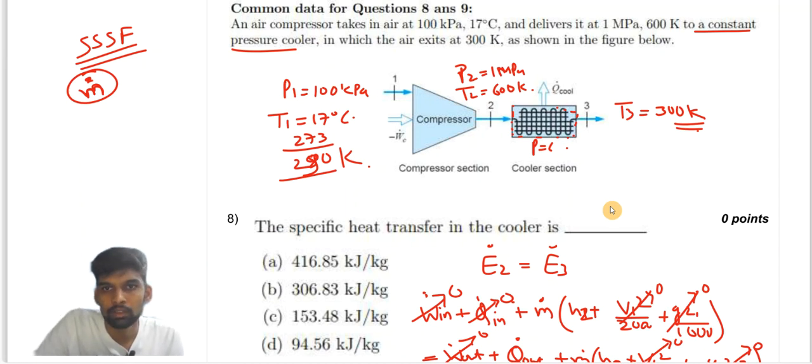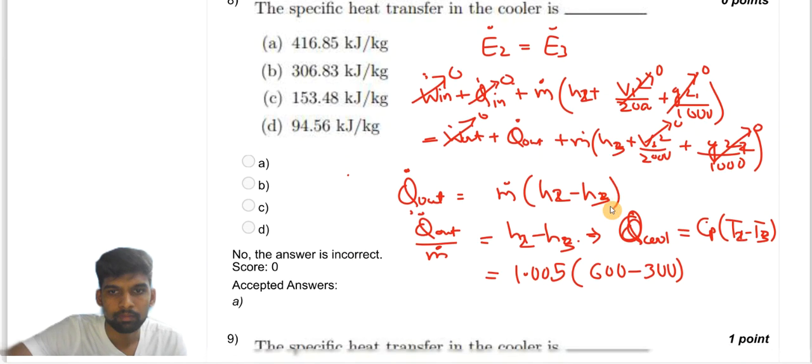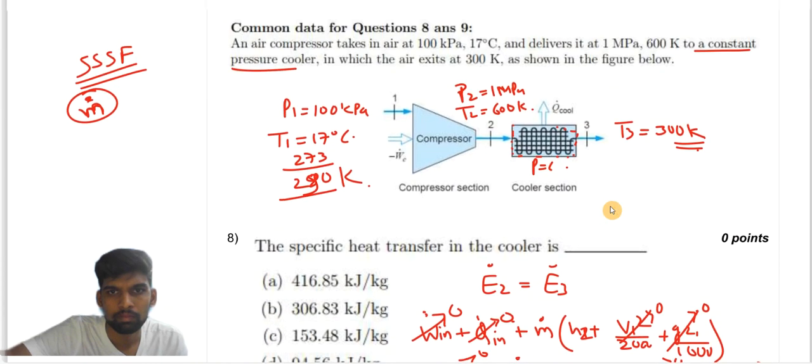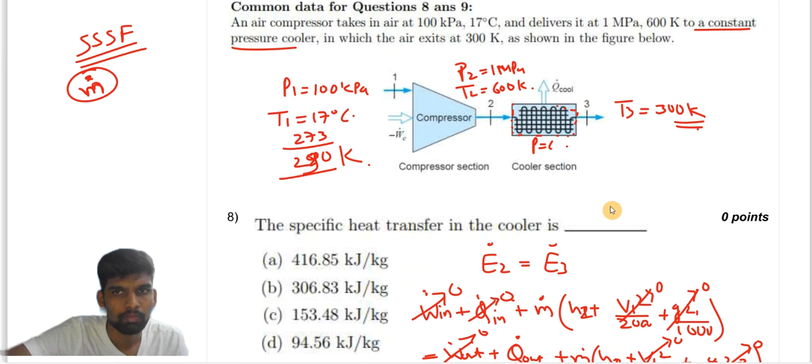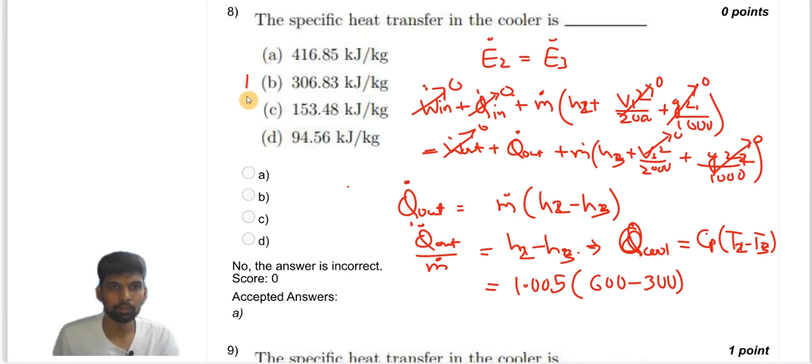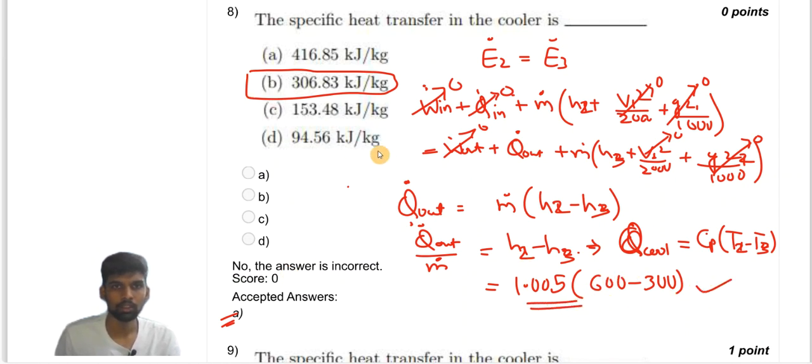What mistake did I make? Wait a second. So the correct answer is B. I don't know why they have given A. Once you calculate, it will turn out as 301 point something, and it is 306 here because they have used the values of h2 and h3 from the tables of air for a given pressure and temperature.